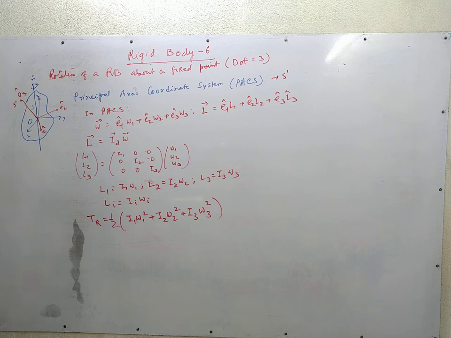We shall calculate the principal components of the moment of inertia in a separate lecture. In the next class, we shall extend our discussion to Euler's dynamical equation of motion in the principal axis coordinate system.